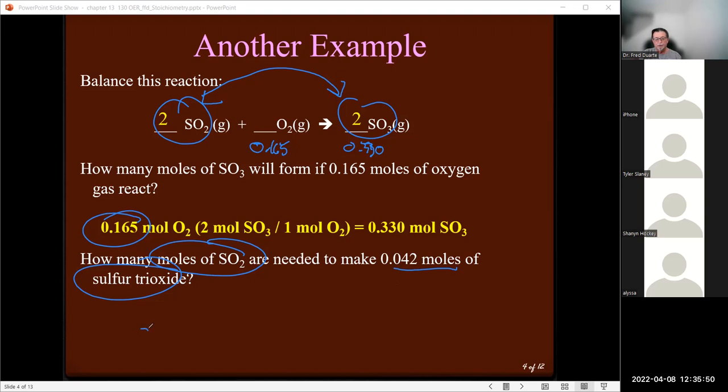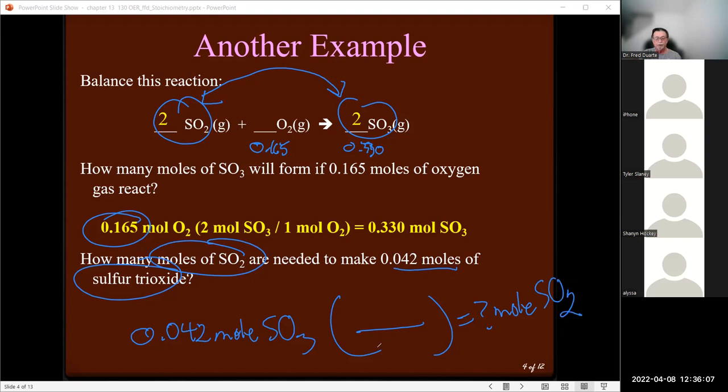So we start off with 0.042 moles of sulfur trioxide. There is a conversion factor here. We're trying to get to moles of sulfur dioxide, so obviously the dioxide is the numerator and the trioxide is in the denominator. Going back to the balanced chemical equation, it's a 2 to 2.